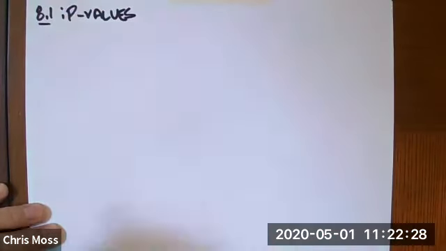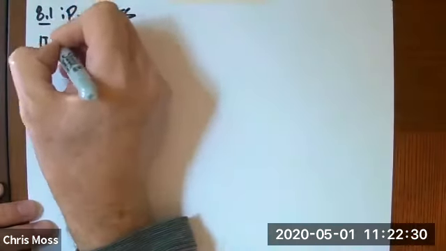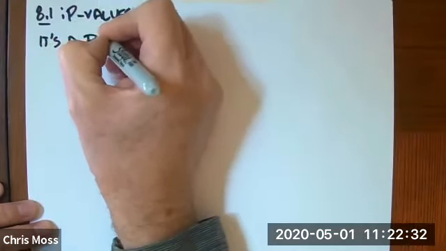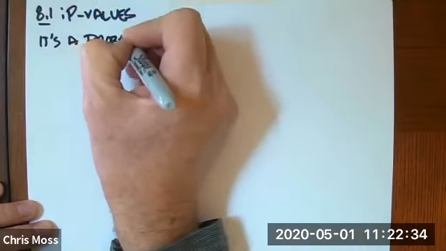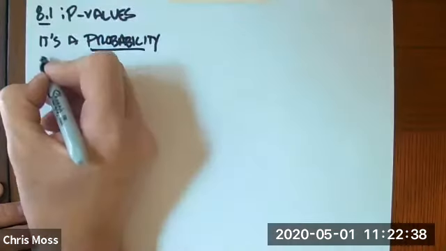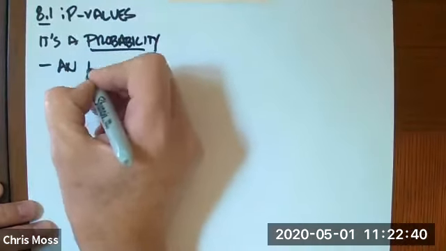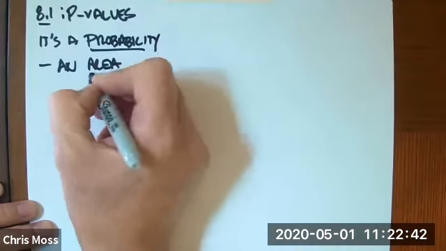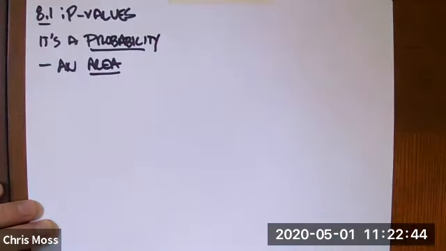Section 8.1, p-values. It's a probability. In other words, it's an area, so there's something visual to look at.